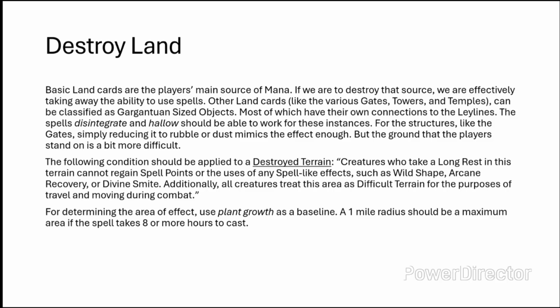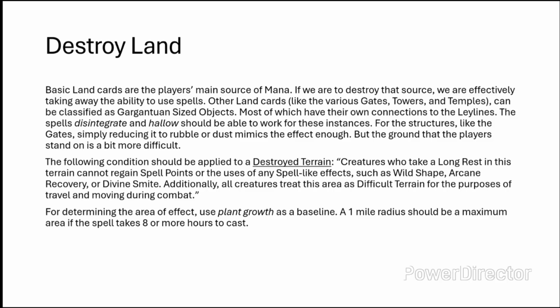What constituted the area of a land? So I had to kind of think about this, as we have a couple different types of land. Take the non-basic lands, for example, your gates, your towers, your temples. They would be considered gargantuan-sized objects, with some form of connection to the ley line.